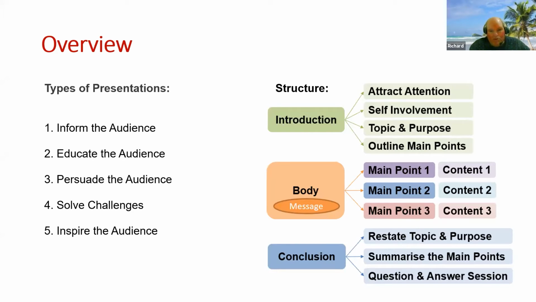So before you start, you need to think about what type of presentation you want to give. On the left-hand side here, I've got number one to number five: to inform, to educate, to persuade, to solve challenges, and to inspire. The reason I have these is because they have a different approach to the audience.